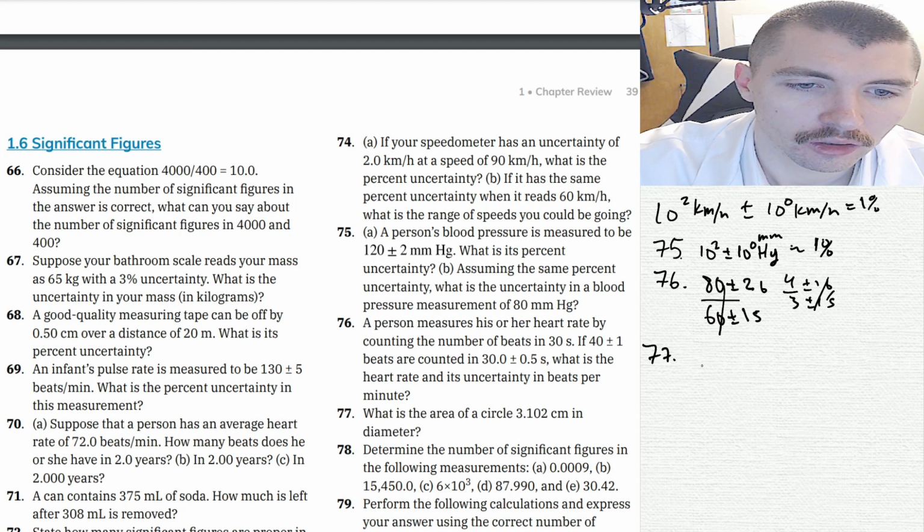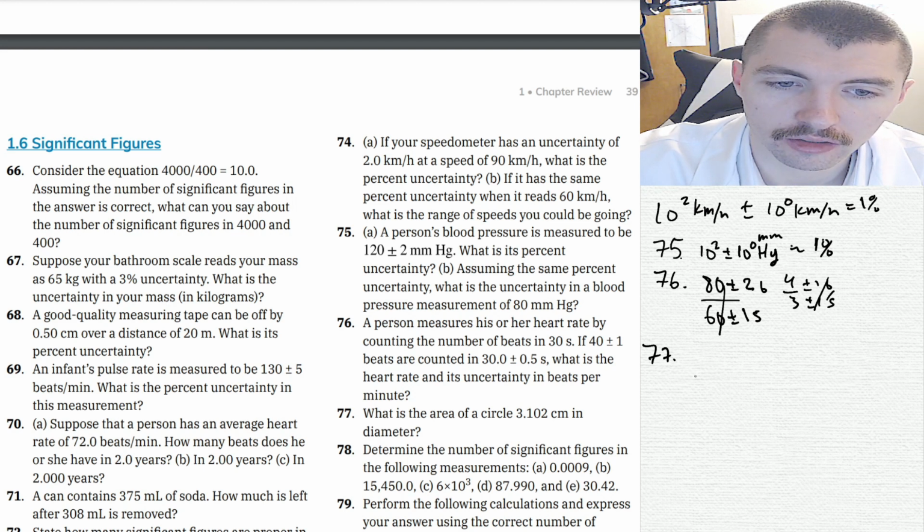77. What is the area of a circle this length in diameter? Okay, so A is pi r squared.